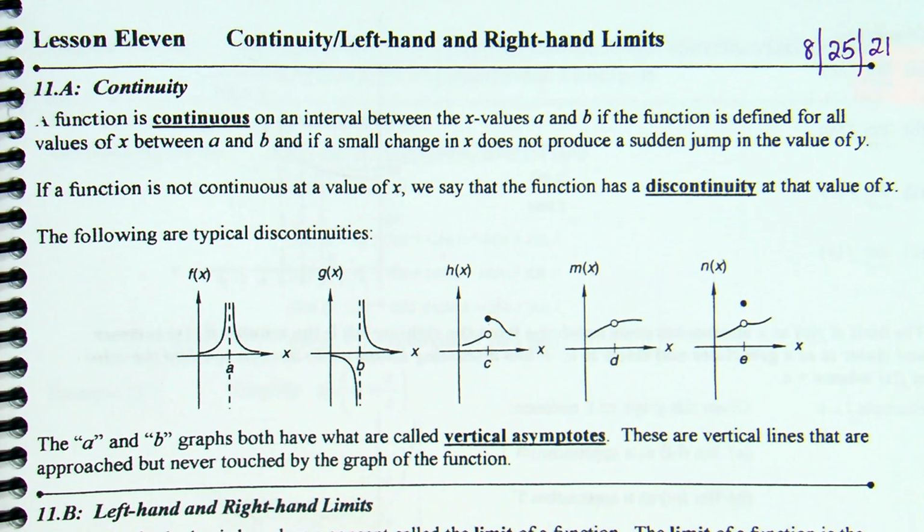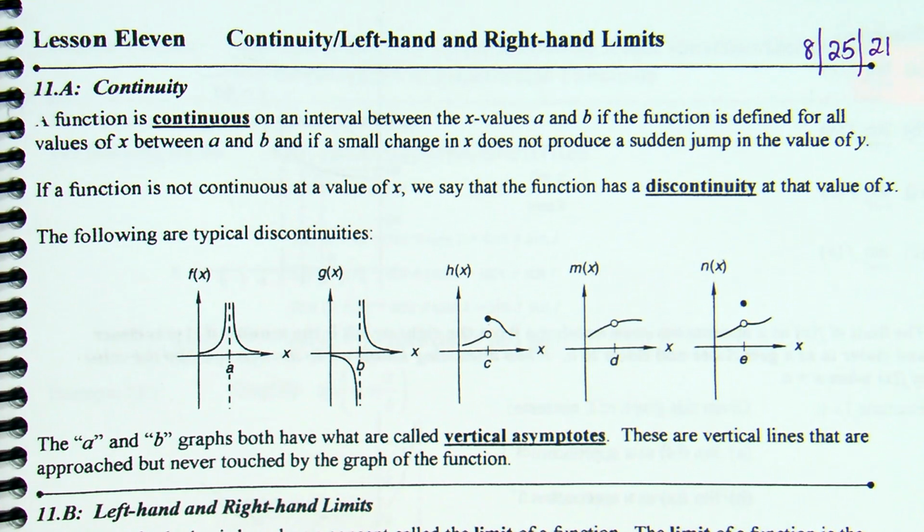That's continuous. If I have to pick my pencil up because there is a vertical asymptote, that's not continuous. If I have to pick my pencil up because there's a hole in the graph, that's not continuous.